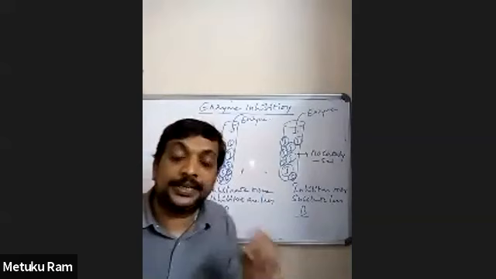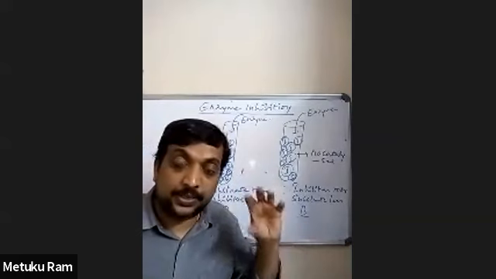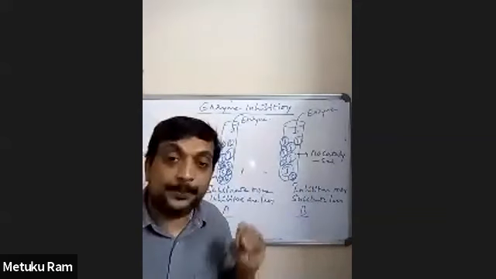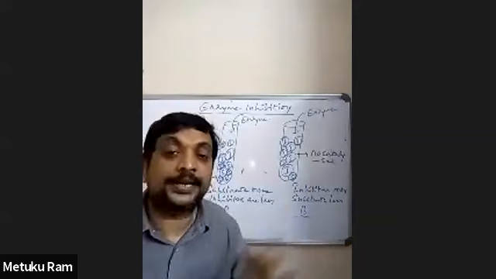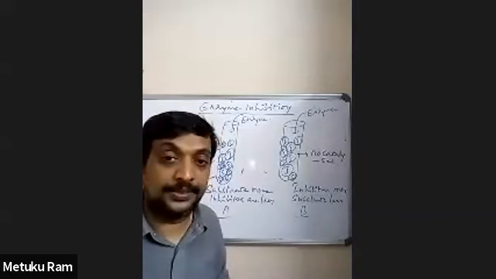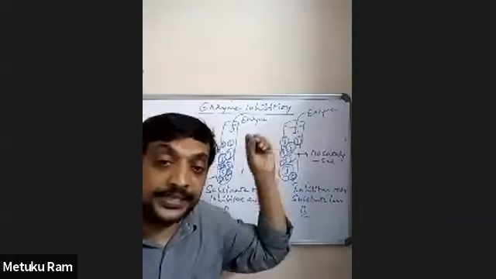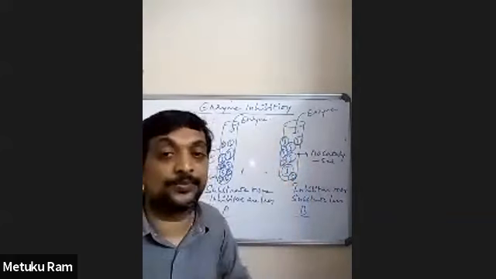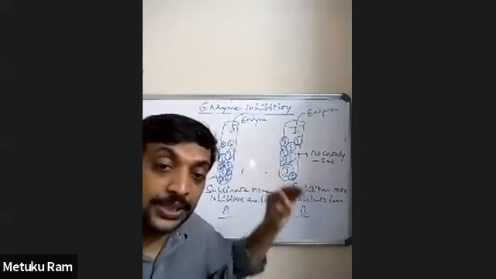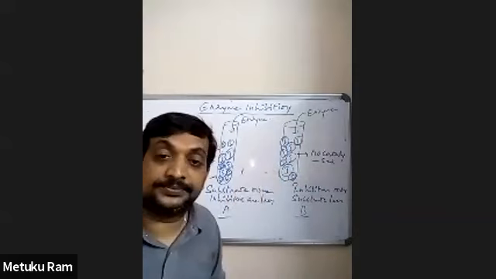If you increase the concentration of the substrate, it replaces the inhibitors from the active site, and ultimately the catalysis takes place here. But if the substrate concentration is less and inhibitor concentration is more, obviously no catalysis.